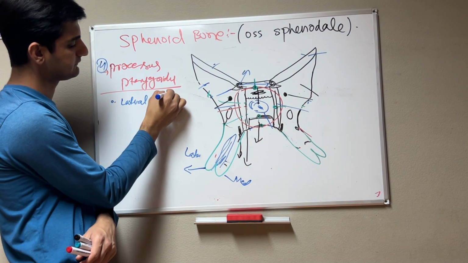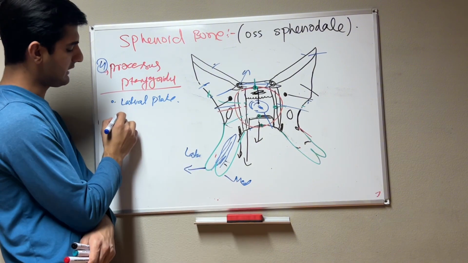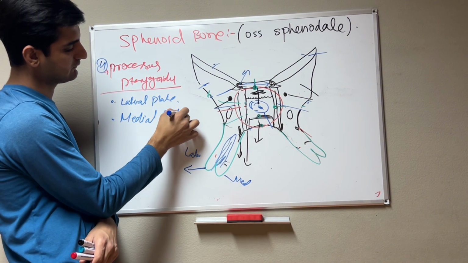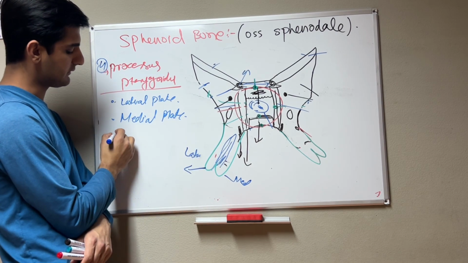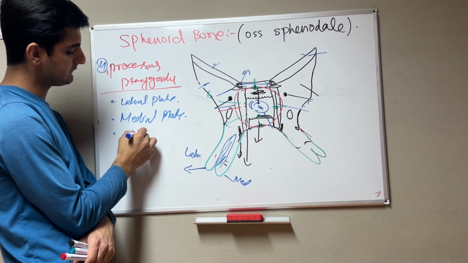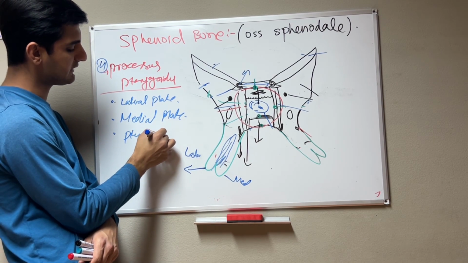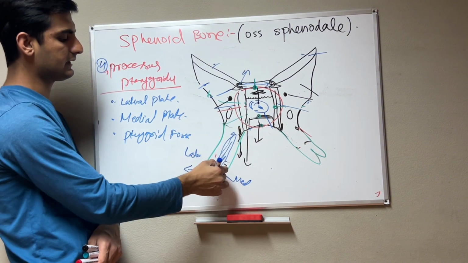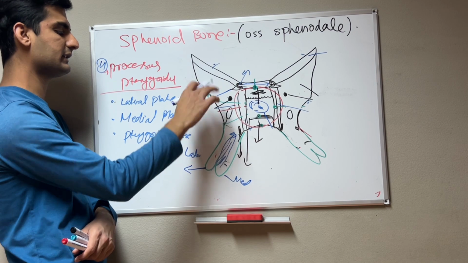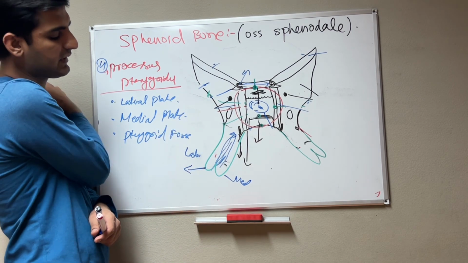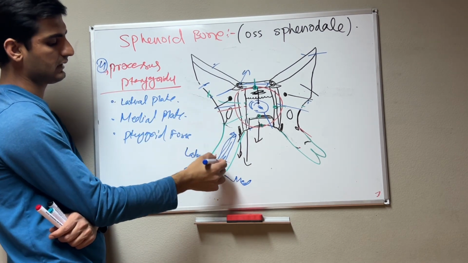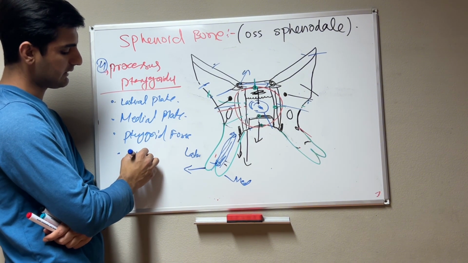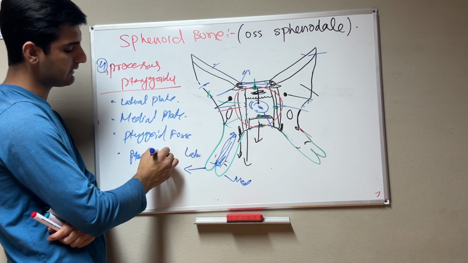First we have the lateral plate, next the medial plate, and third the pterygoid fossa, which is the name of the area. At the base of the pterygoid process, you can see the pterygoid canal.